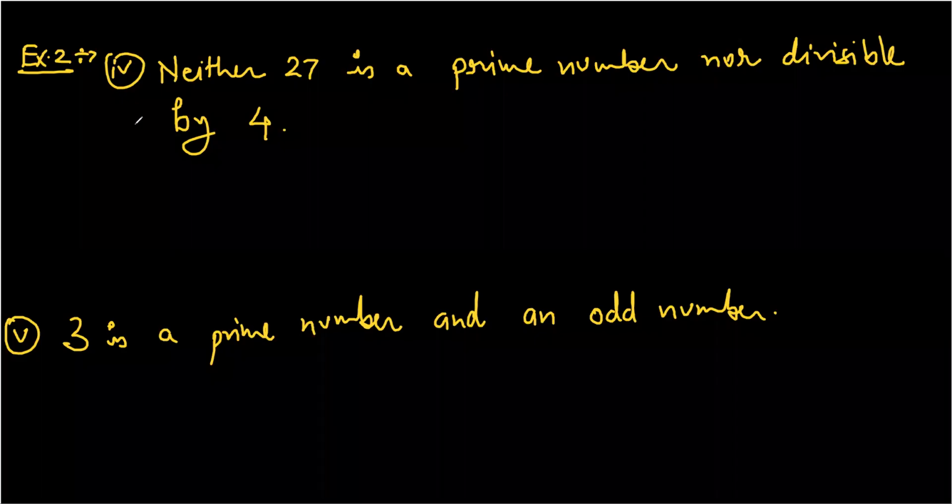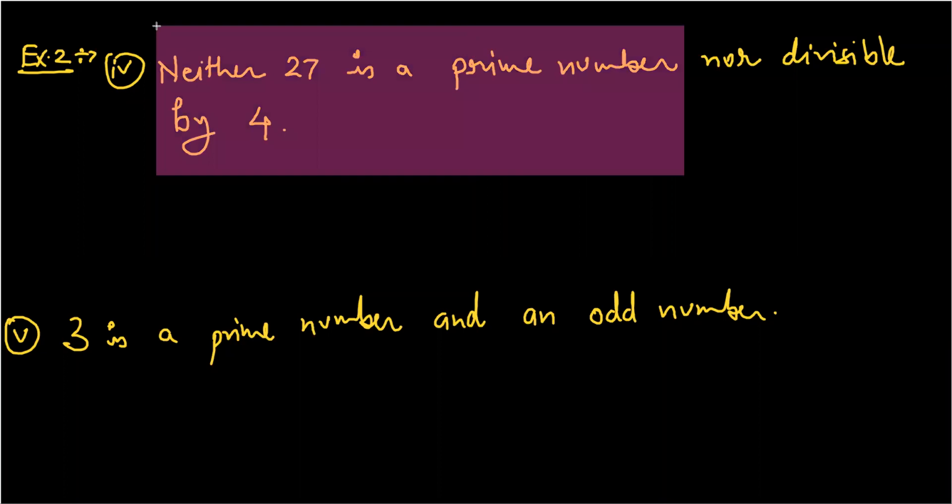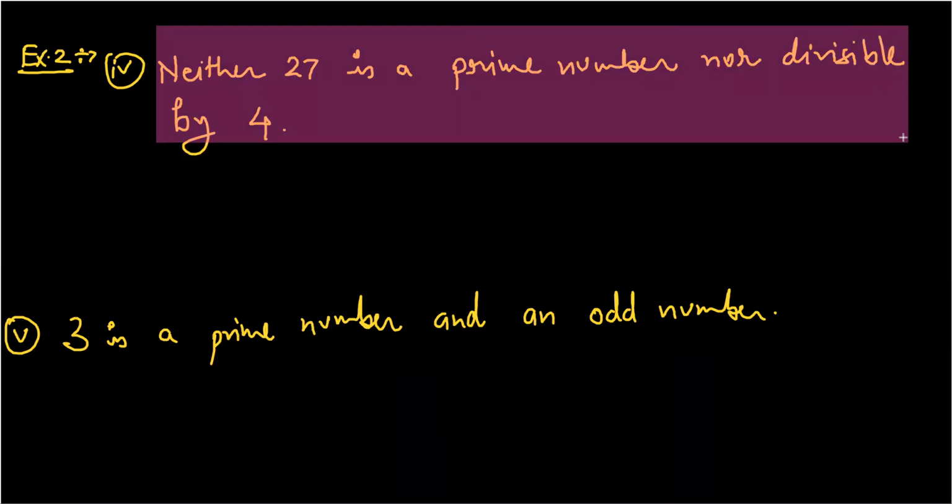So the next question here, we have to write the truth value of this given statement the way we did the earlier two problems. Neither 27 is a prime number nor divisible by 4. So students, you see this is a conjunction statement, that is, we got 'and' in between.